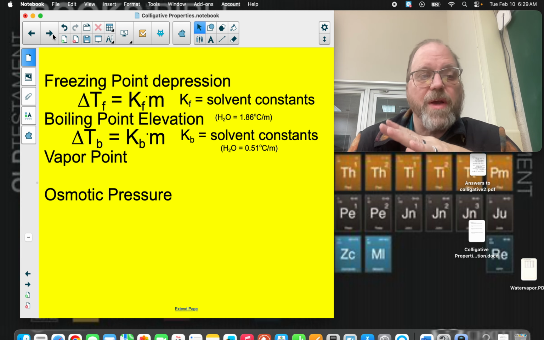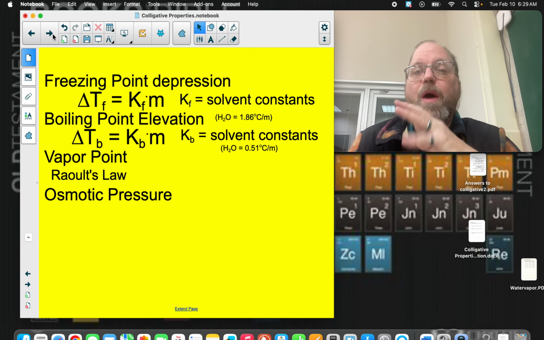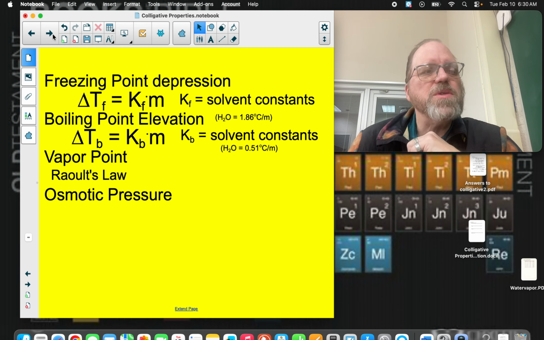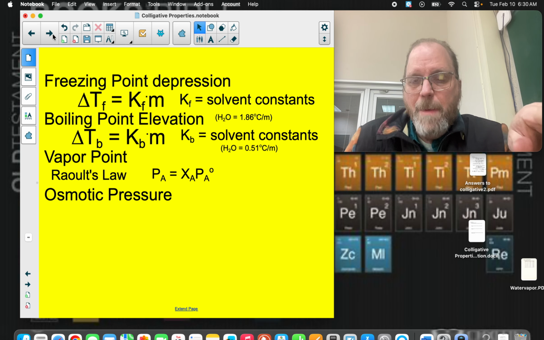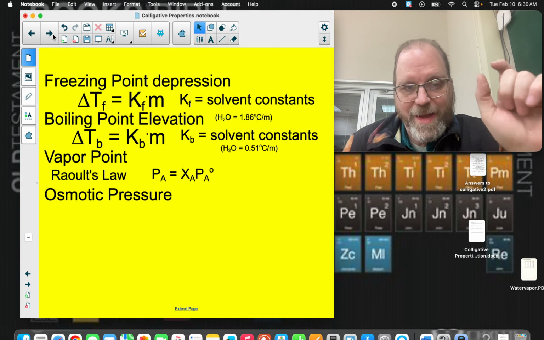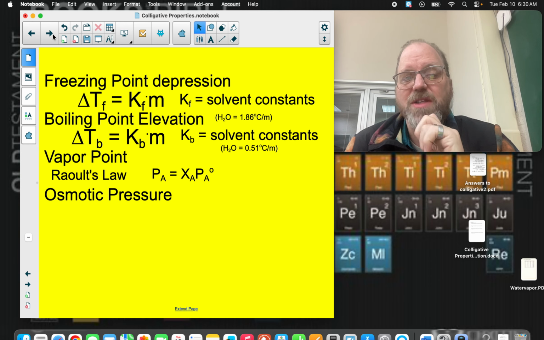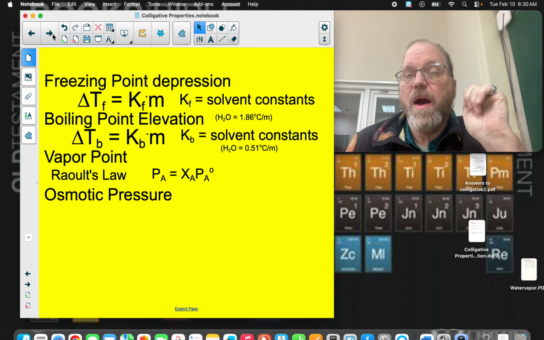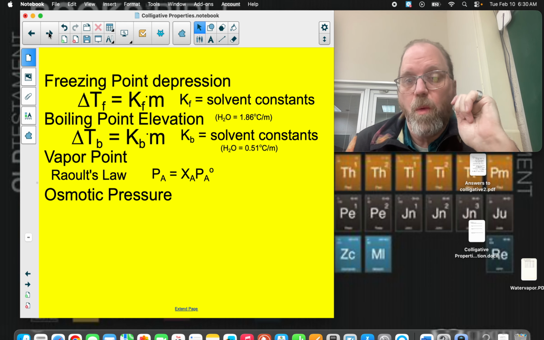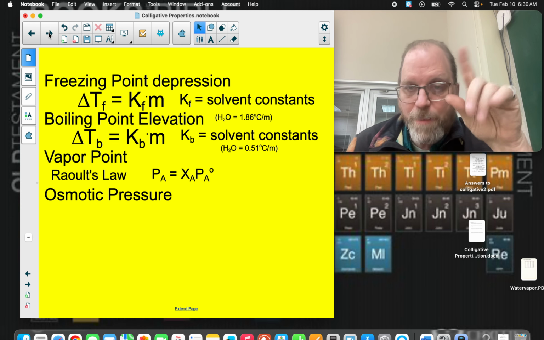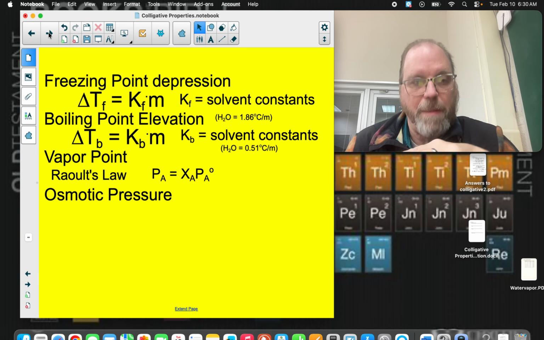Now for vapor pressure, we're going to use something called Raoult's law. I like saying that. Raoult's law. We have P of the pressure of the liquid, of the solvent, is going to equal the mole fraction of that solvent times the pure pressure of that same solvent. So P sub A prime means as it would be pure.